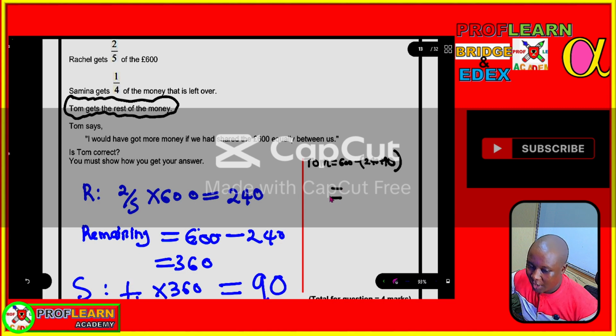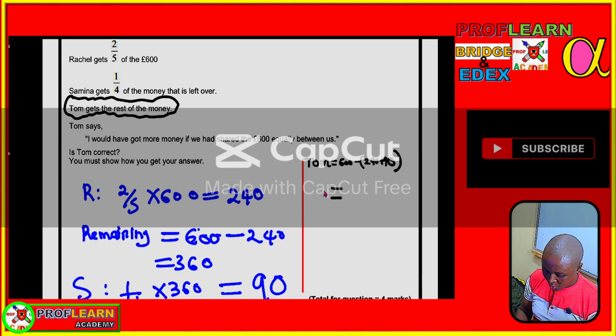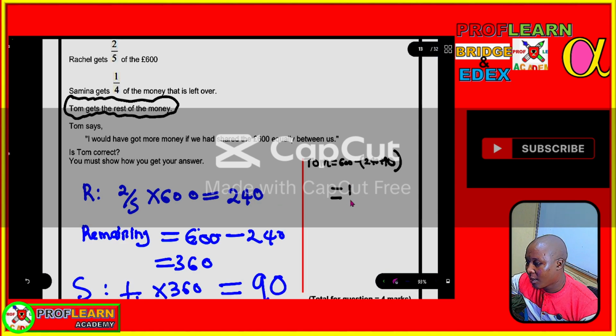So the share of Tom in this case is going to be 240 plus 90. We subtract that from 600, and that is going to be how many pounds? 270.